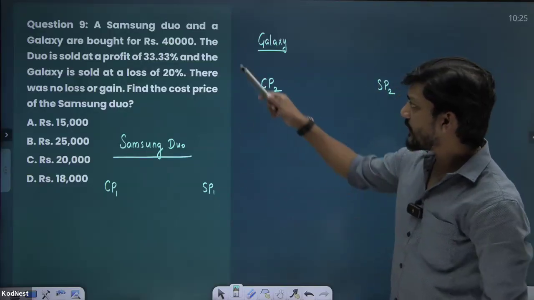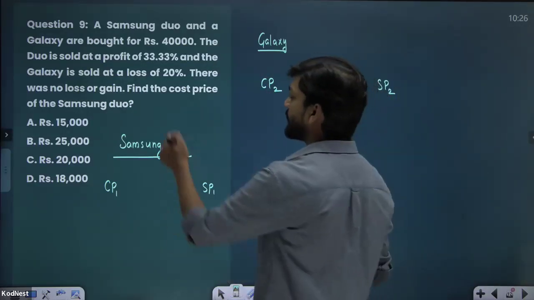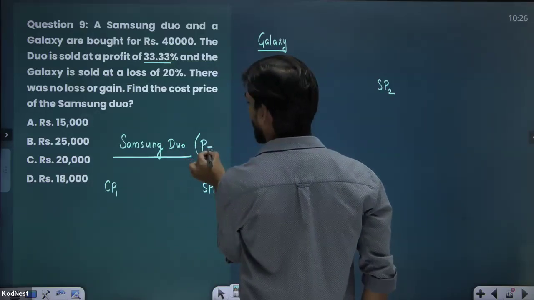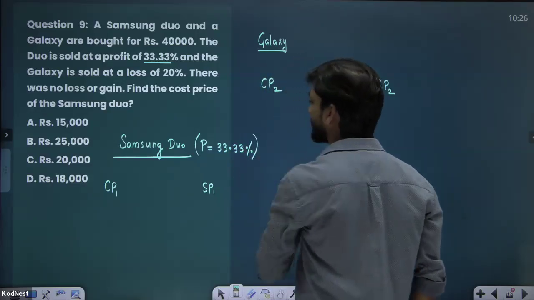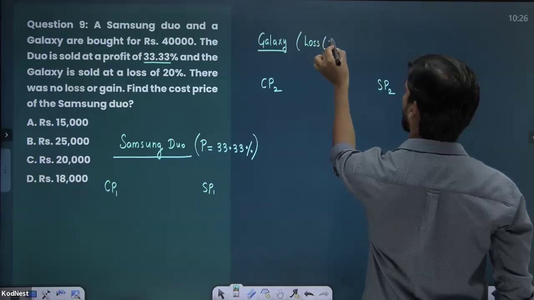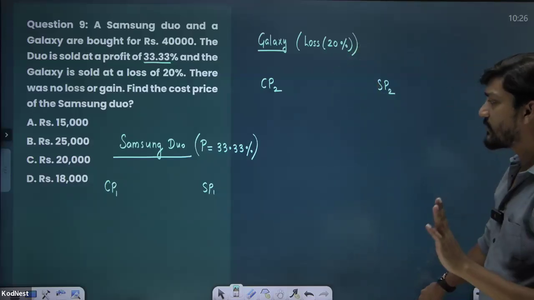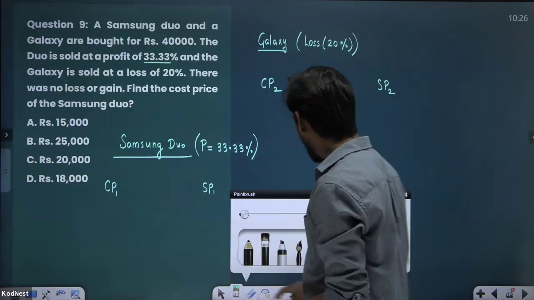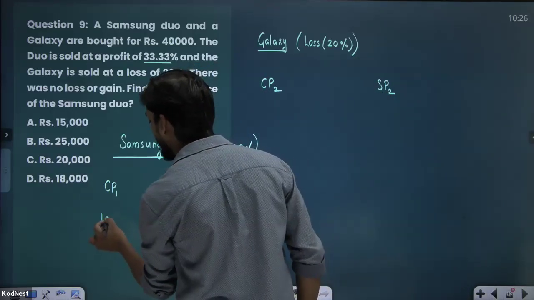What percentages are given will decide how I will approach the question. Carefully see, the percentage is in decimals. There is a profit of 33.33% on this, and there is a loss of 20%. Carefully answer. Since percentages are given, suppose I take 100.